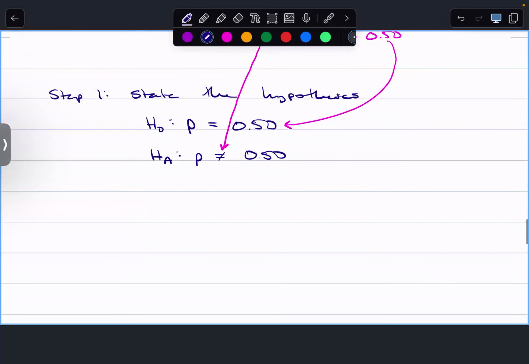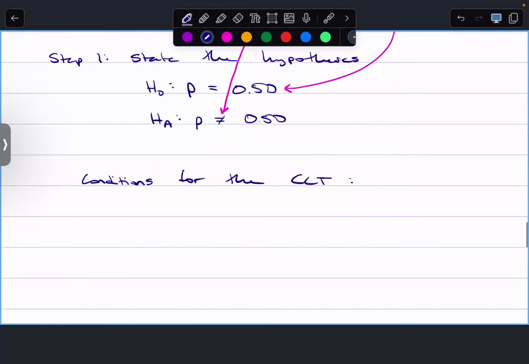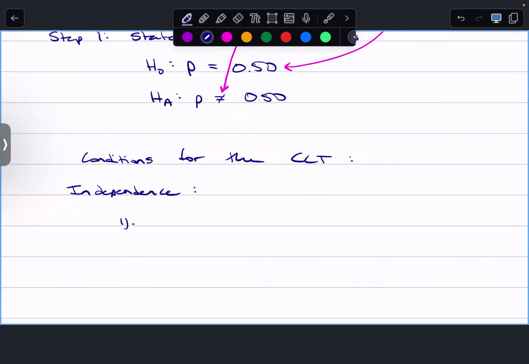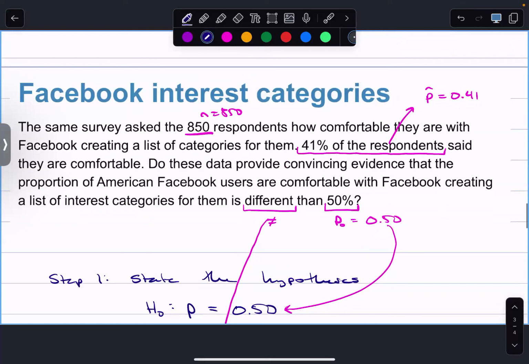We're going to check the conditions. The conditions for the central limit theorem. The first one is independence. Now, here, it doesn't say that these respondents were randomly sampled. And I think in the original blurb, it says a representative sample.